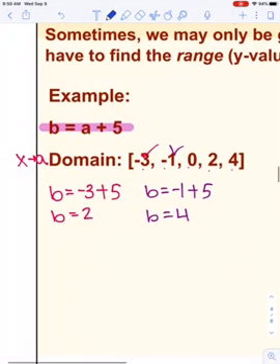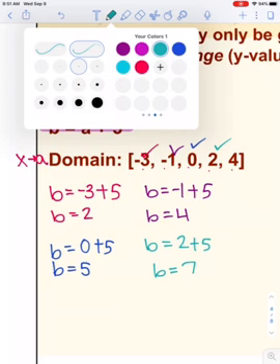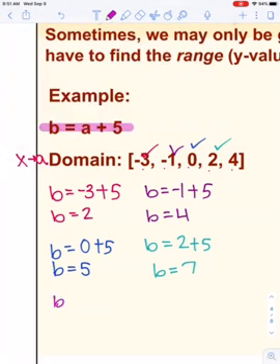Keep going. B equals 0 plus 5, so b is 5. Done. B equals 2 plus 5, so b is 7. Done. And then the last one, b is 4 plus 5, so b is 9.